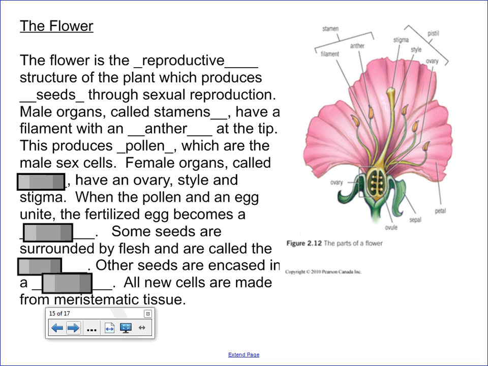So a lot of us are allergic to pollen, myself included. So if you think about it, the pollen that we're allergic to are the male sex cells of the flowers. Female organs, called the pistil, have an ovary. They also have a style and stigma.